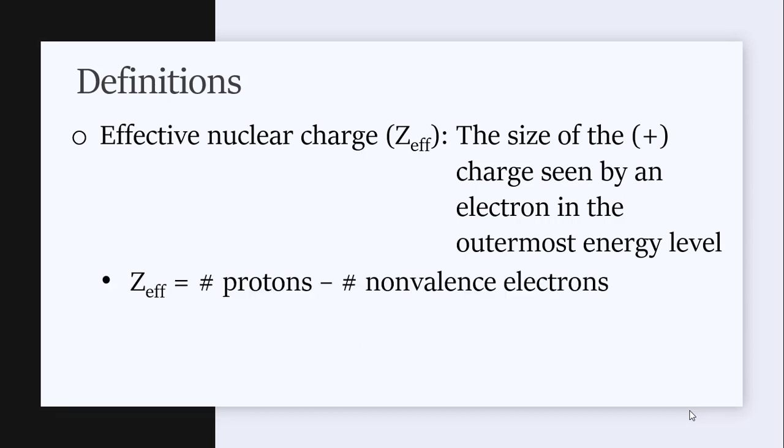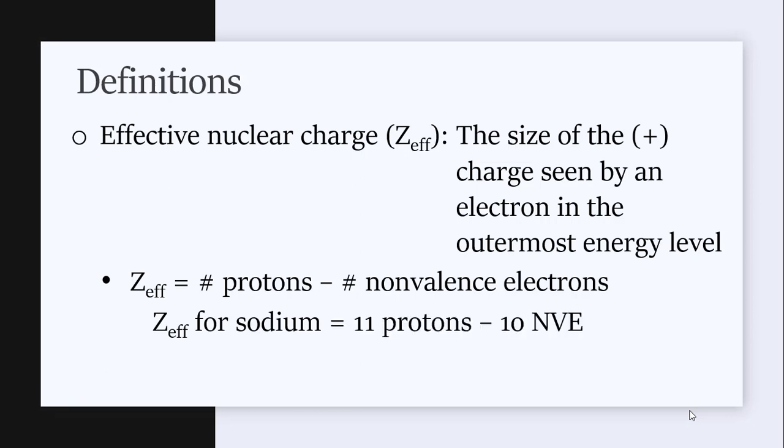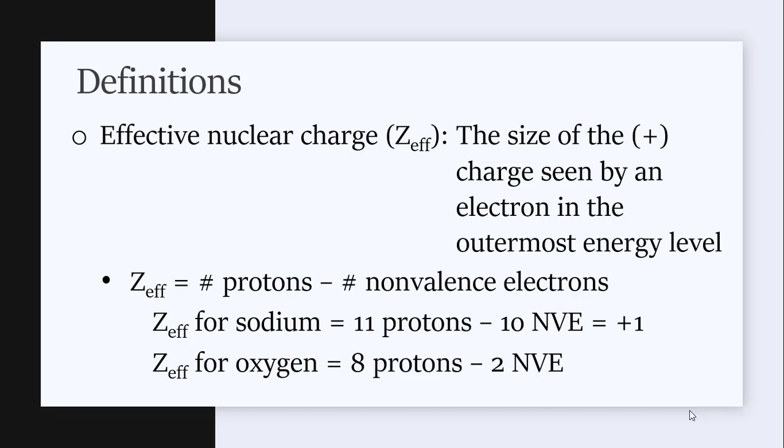The ZEF can be calculated by taking the total number of protons in the nucleus and subtracting the non-valence electrons. So, for example, sodium has 11 protons, it has 10 non-valence electrons, and so it has a ZEF of 1. The ZEF for oxygen, on the other hand, oxygen has 8 protons, 2 non-valence electrons, so it has a ZEF of 6. We'll come back to that in the future.